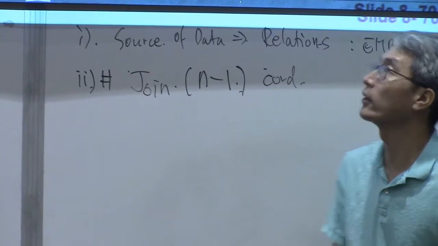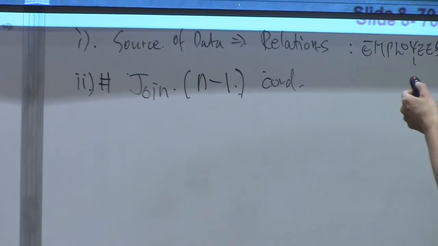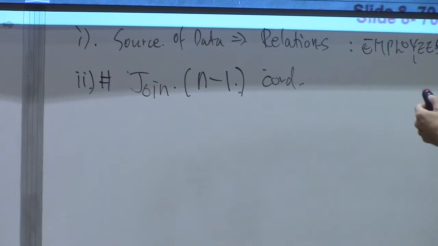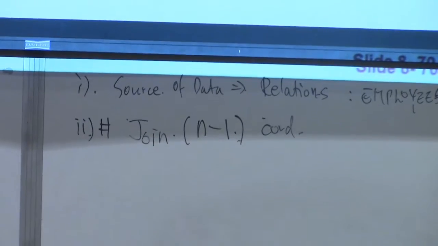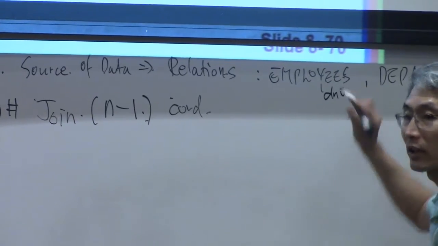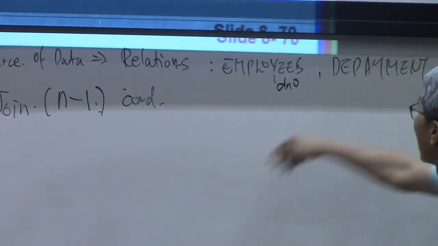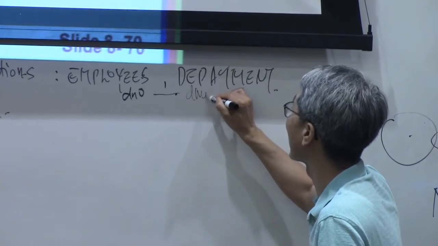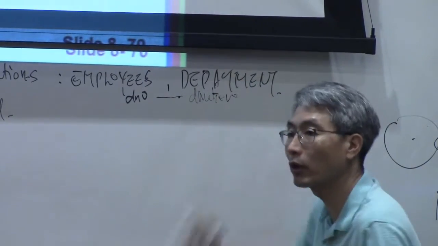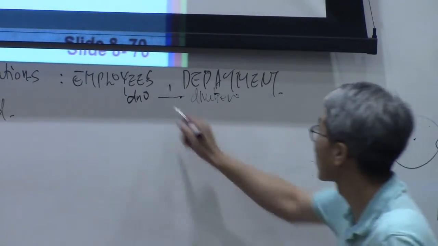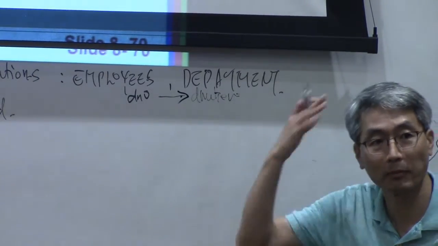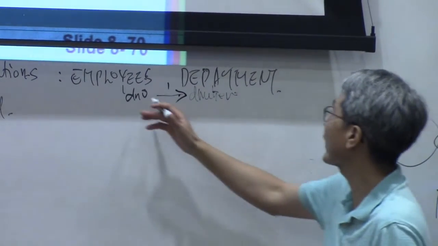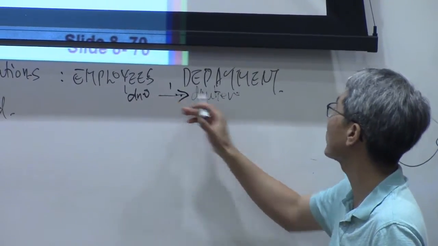Join condition. So in this case, what will be the join? Employee has a DNO, right? That's the only information about the department. Then using the foreign key, there is a D number as the primary key of the department. Do you remember the relational schema diagram? So we can use DNO equals D number.